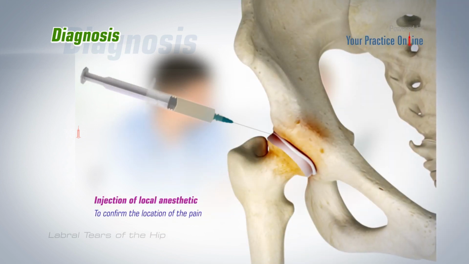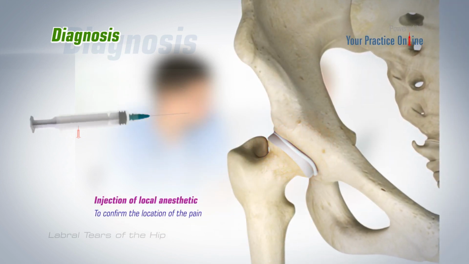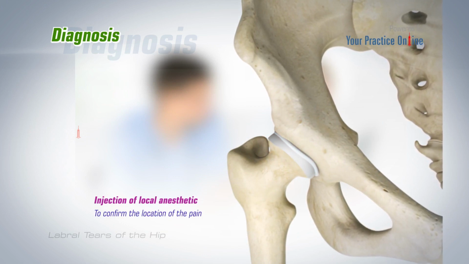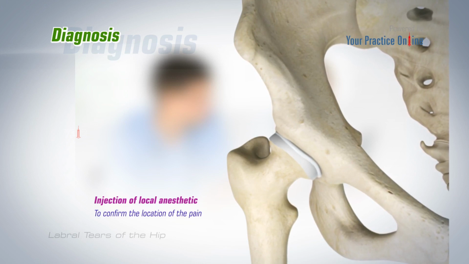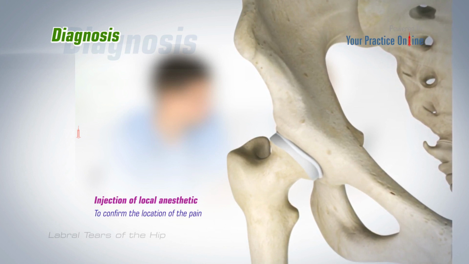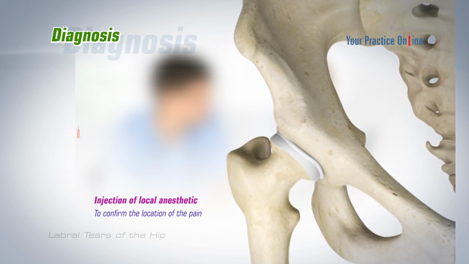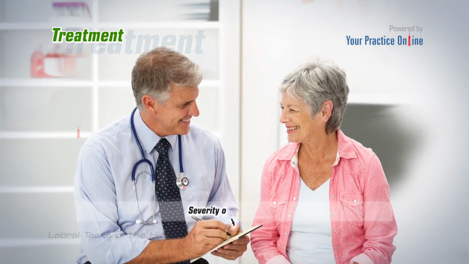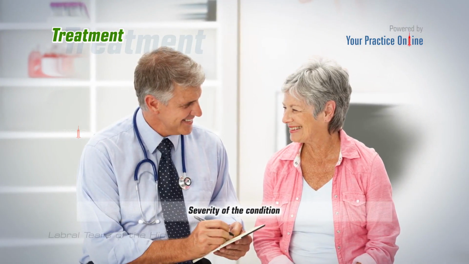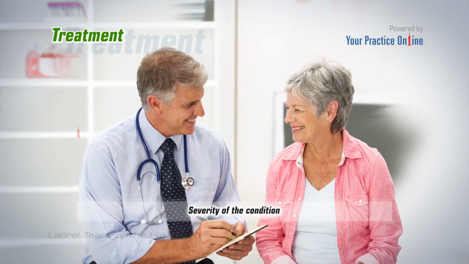Injection of local anesthetic into the joint space is sometimes performed to confirm the location of the pain. If the injection completely relieves your pain, it is likely that the cause of the problem is located inside the hip joint.